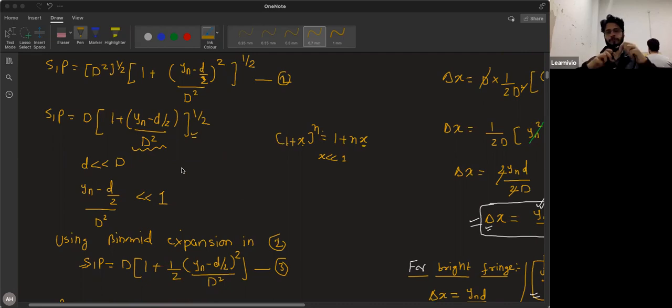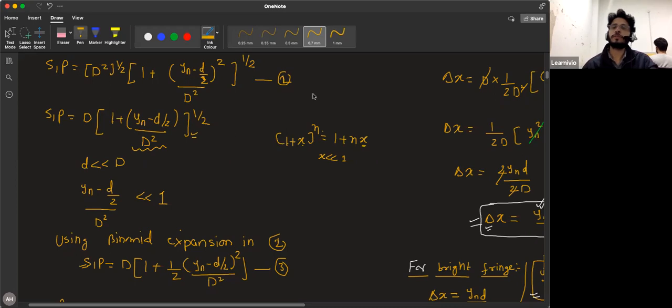Sir, can you say how binomial expansion works? See, we use binomial expansion if you want to expand something like 1 plus x to the power, let's say, 7, and x is very, very less than 1.